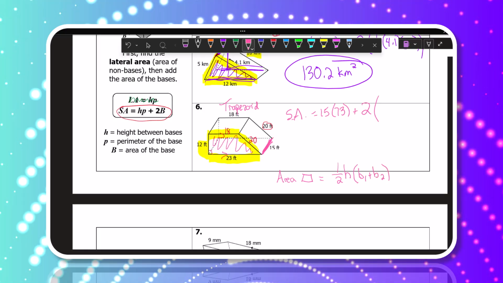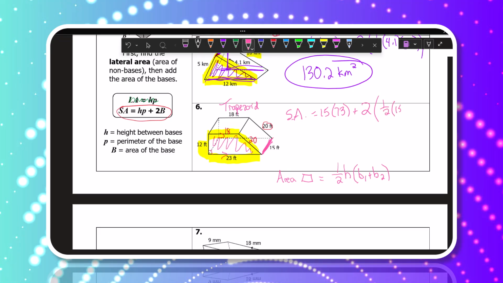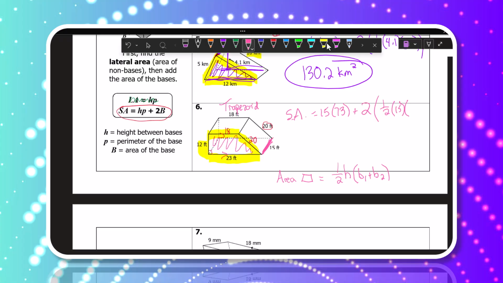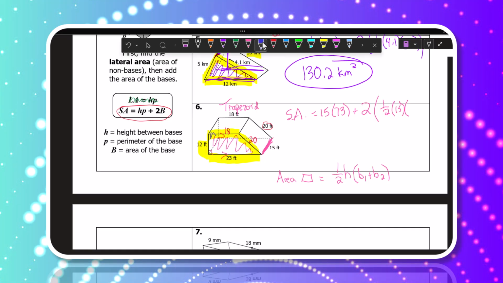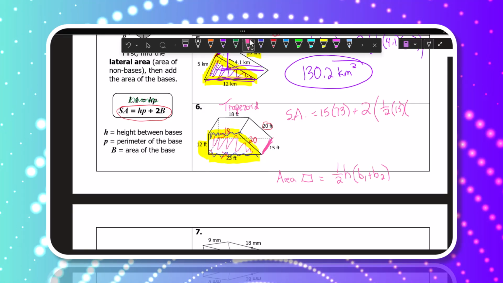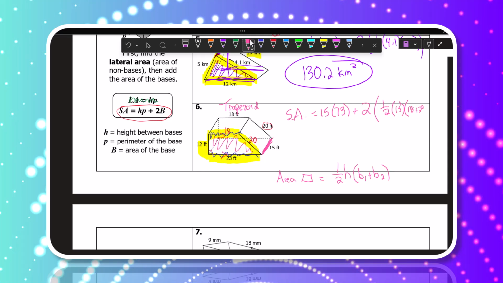So if we're writing the area in here, we got 1/2. The height we already said was 15. And then the bases are the ones that are parallel. So it's this line and this line. So that's 18 plus 23.